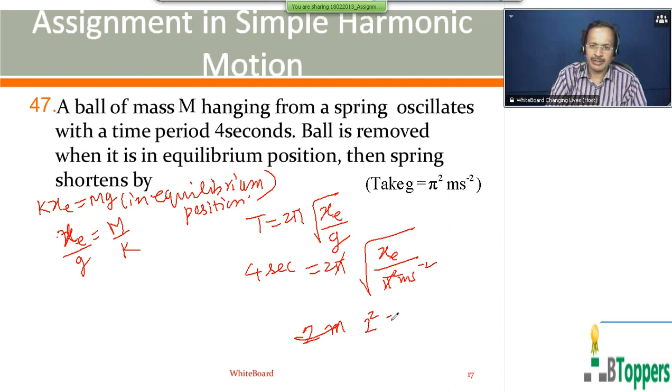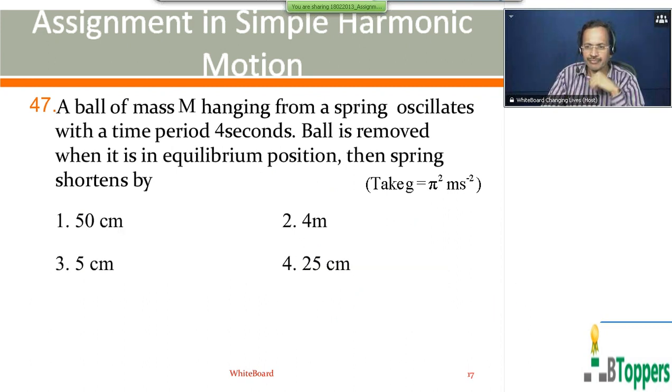Then you get 2 square equal to xe. So xe you get 4 meters. So for question number 47, second option is the answer.